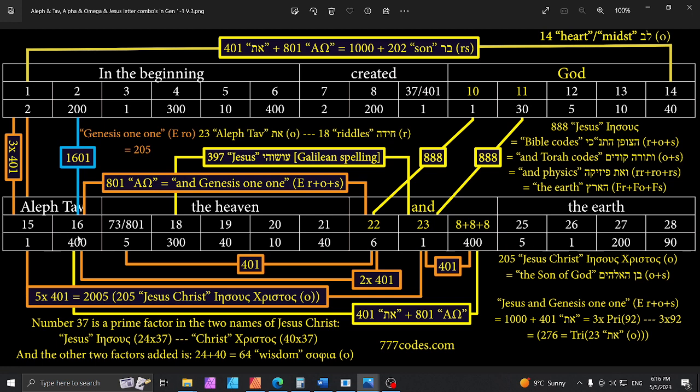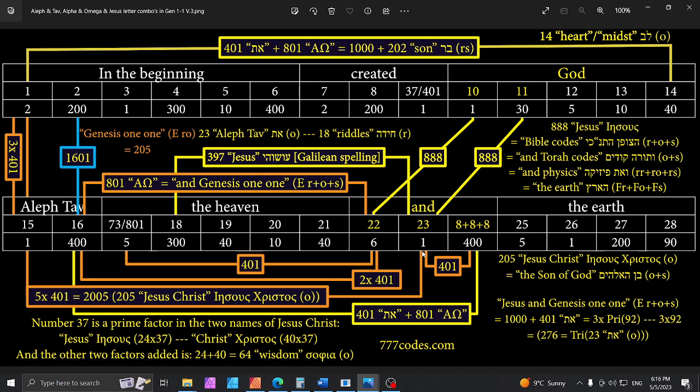Notice that the last letter in the word Aleph and Tav is the letter ordered at 16, pi. And you see all letters from the last letter in Aleph and Tav to the first letter in and hits 2 times Aleph and Tav.